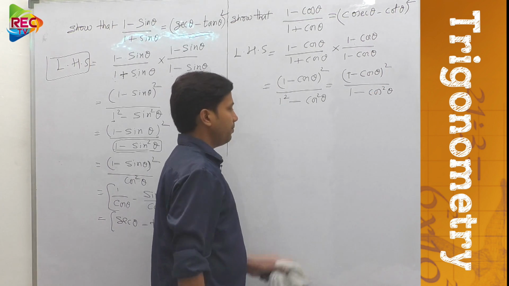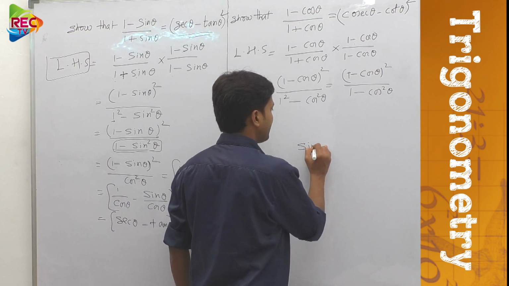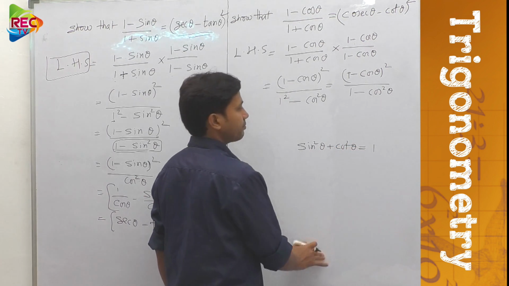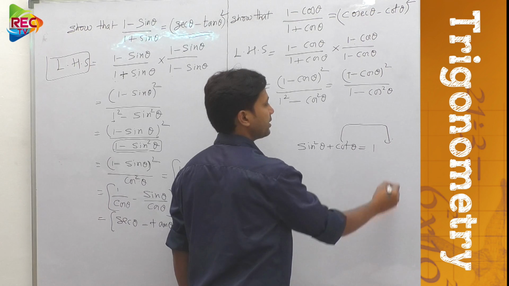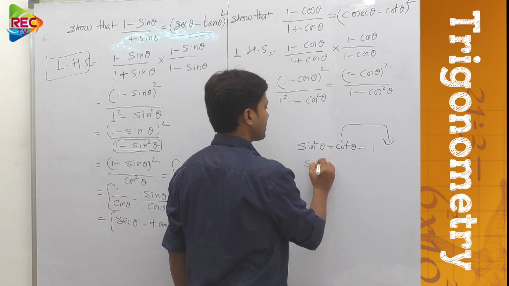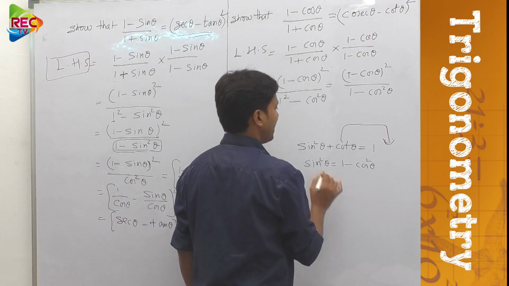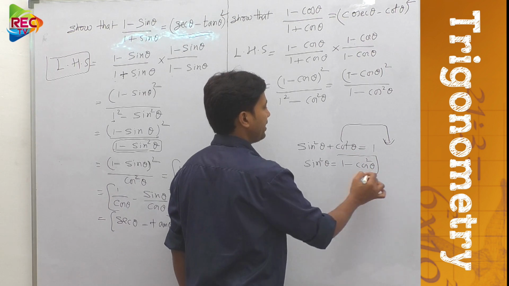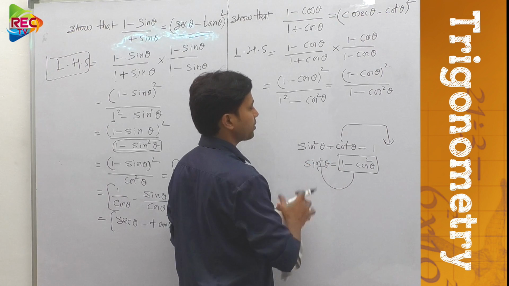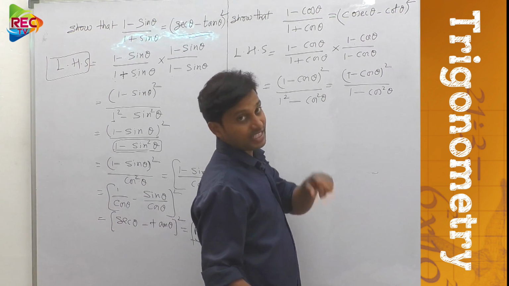Now again from the basic identity, sin square theta plus cos square theta equal to 1. If you send cos square theta to the other side, sin square theta equal to 1 minus cos square theta. So 1 minus cos square theta can be replaced by sin square theta. Is that right or not? We can substitute it in the denominator part.